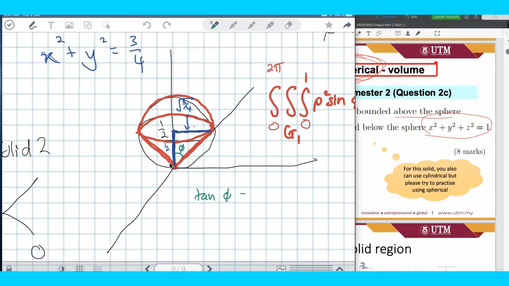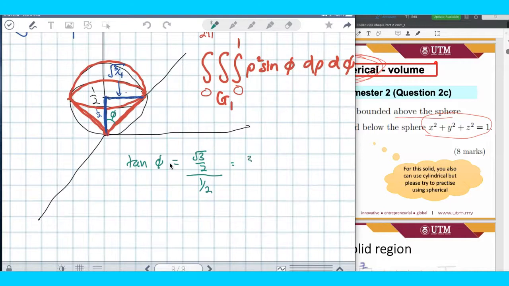Tangent phi is equal to the opposite divided by the adjacent. The adjacent is 1 over 2. When we simplify this, root 3 over 2 multiplied by 2 over 1, we got root 3. So phi is arctangent of root 3.